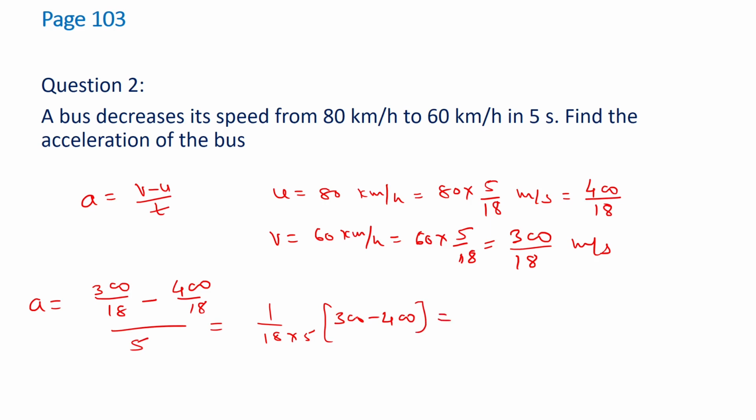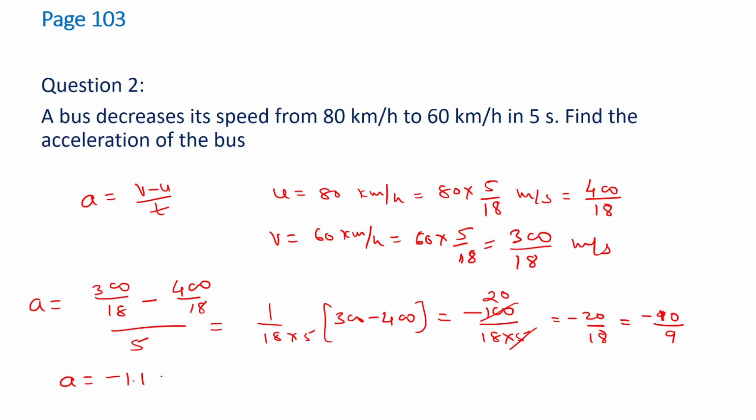So 300 minus 400 is minus 100, divided by 18 into 5. Dividing 100 by 5, we get 20. So minus 20 divided by 18. Again dividing numerator and denominator by 2, it will be minus 10 by 9.